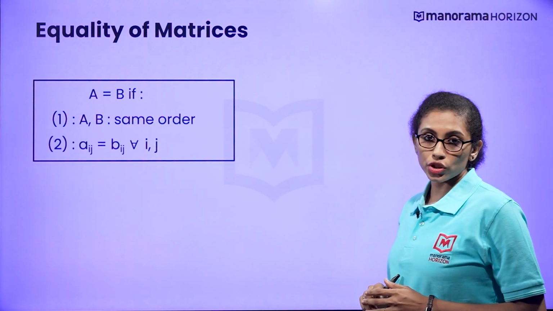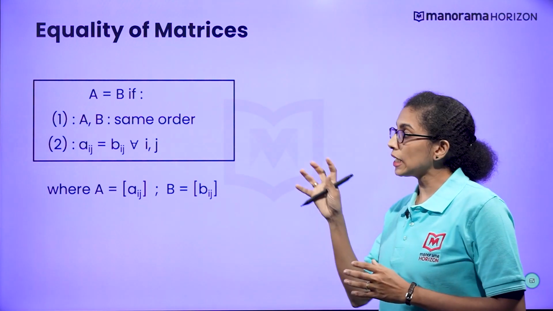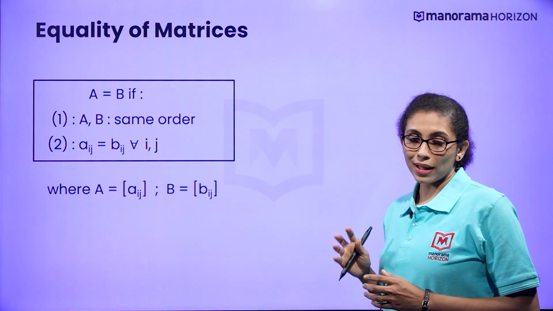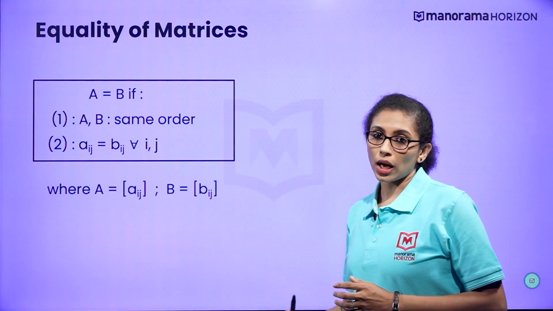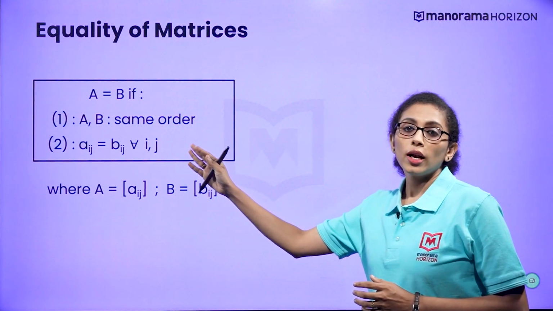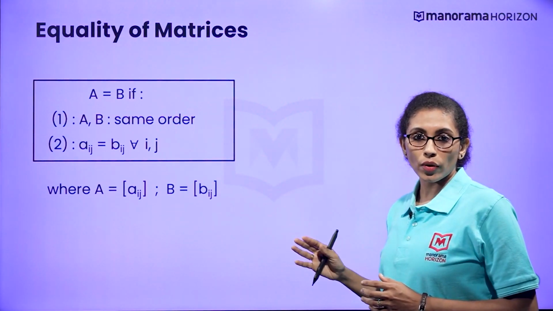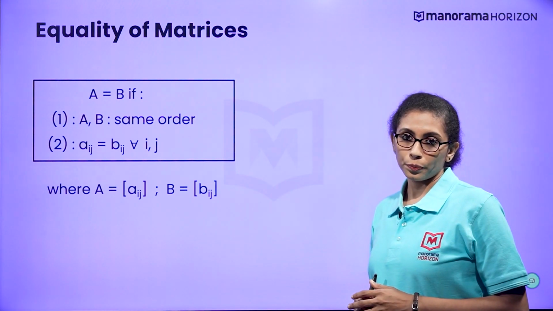And the second condition: check whether each element of A is equal to the corresponding element of B. Mathematically, we can write Aij is equal to Bij for all i and j. If both these conditions are satisfied, we can write A is equal to B.